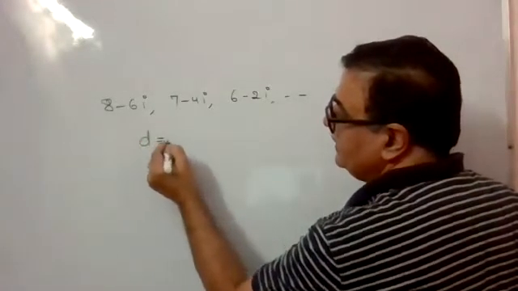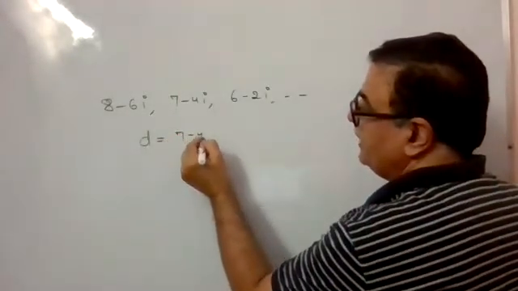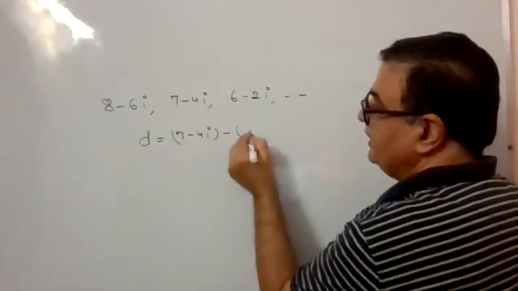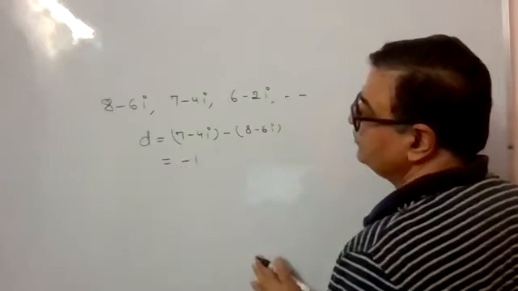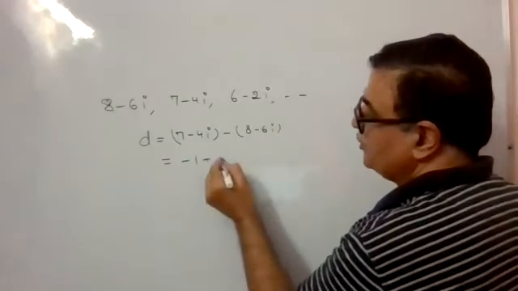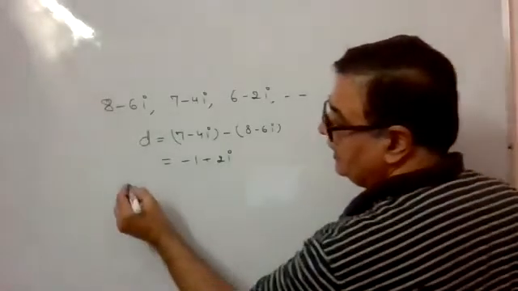What is d in this case? 7 minus 4 iota minus 8 minus 6 iota comes out to be minus 1 plus 2 iota. Now we will take the nth term here.